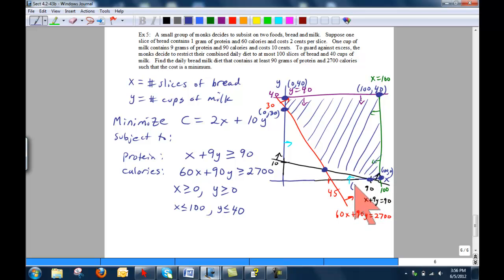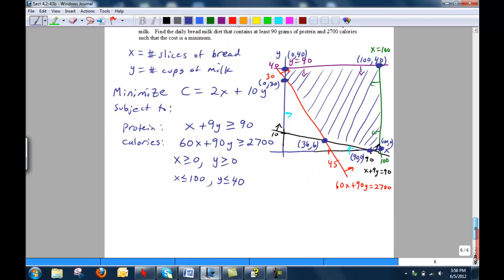And next to it is 90, 0. And finally, there's only one that I can't just read off. So as before, solve the red and the black equations simultaneously, and you can find out that this last corner point is 36, 6. So 1, 2, 3, 4, 5, 6 corner points.